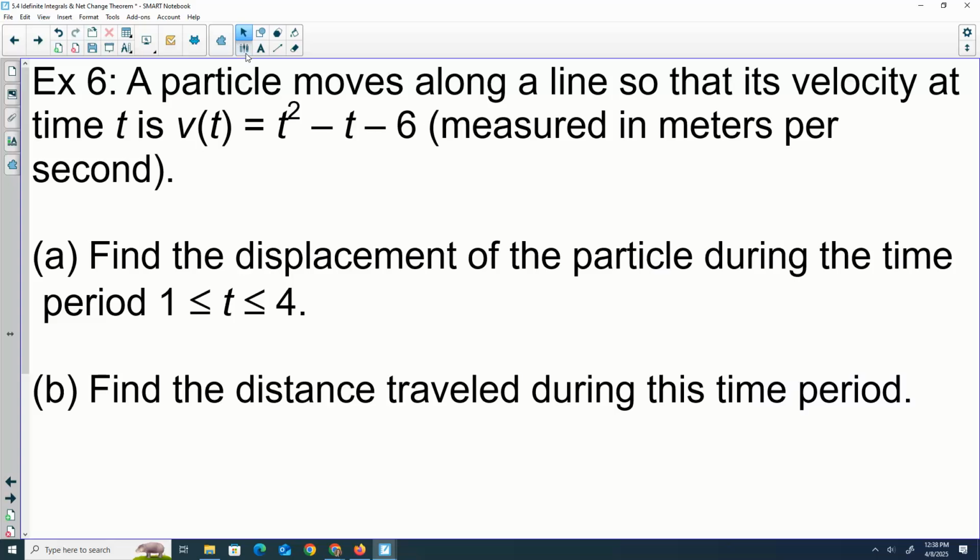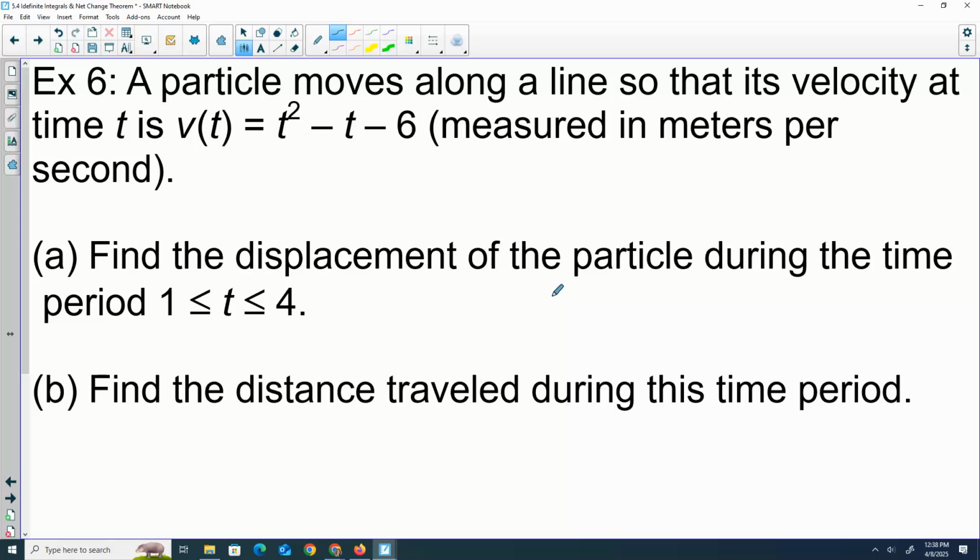Okay, so if we look at this one, we have a particle moves along a line so that its velocity at time t is given by this equation. Okay, it's measured in meters per second. T is our time.